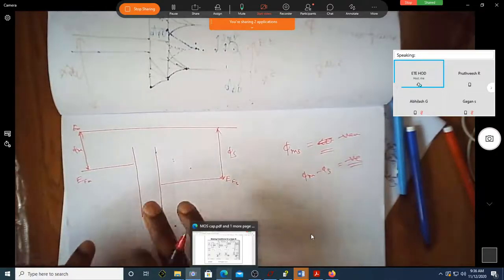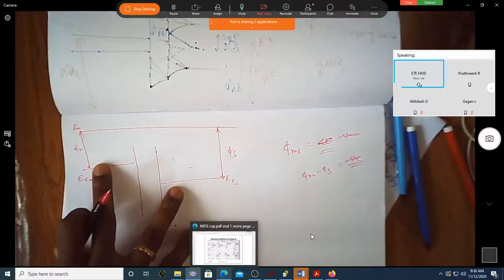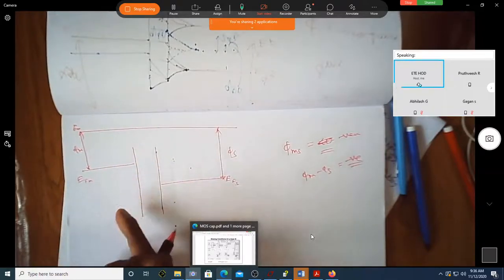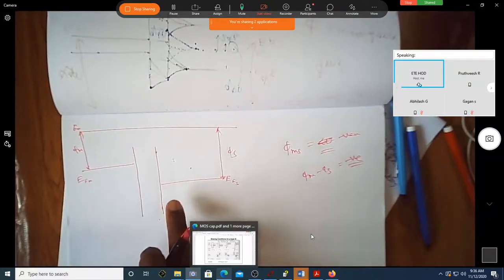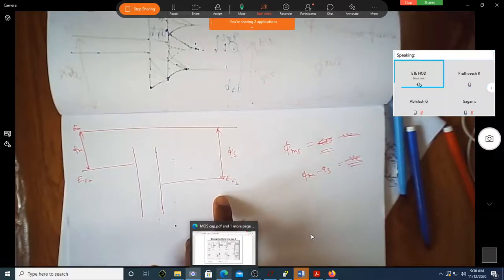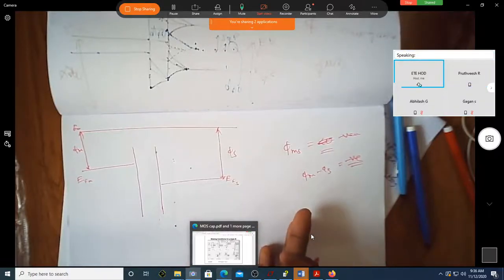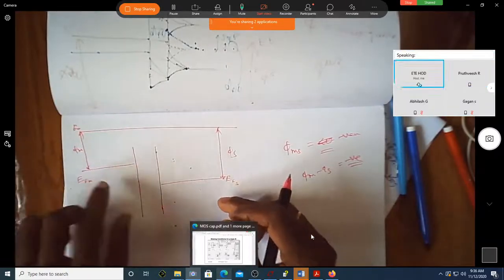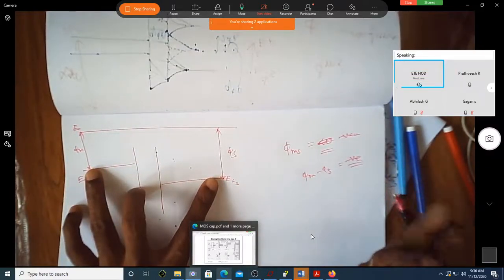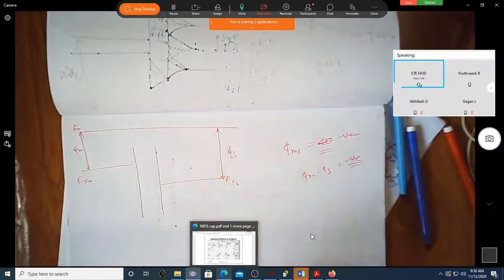Now, how is this possible? This is possible if you are having a different metal or if you are having a semiconductor with different doping concentration. The question comes, sir, how to have this work function difference other than 0? Because we have different metals, you can use gold, copper, silver, palladium.